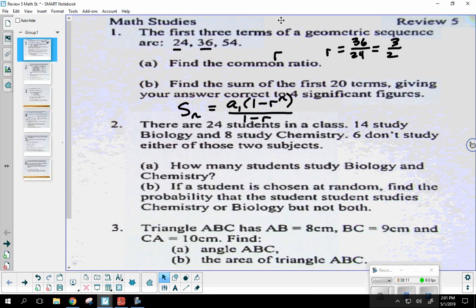Oh, finally. It is in the chart. Sorry. Hello.